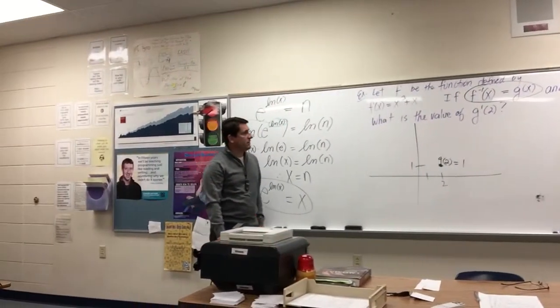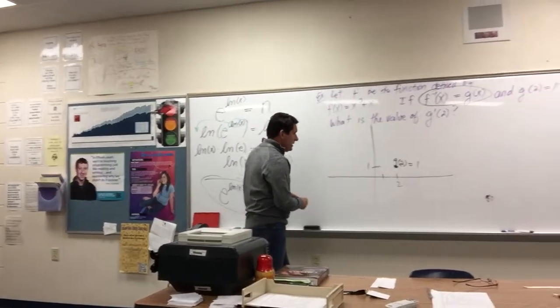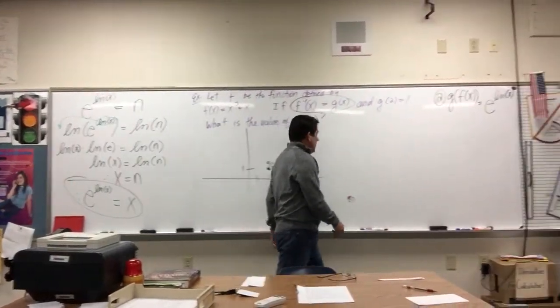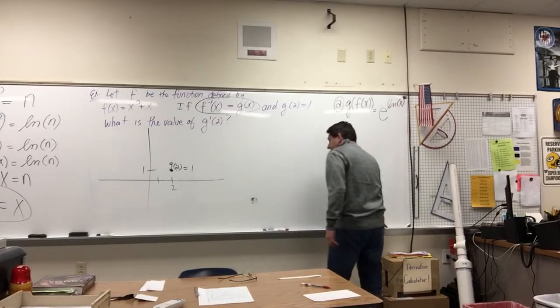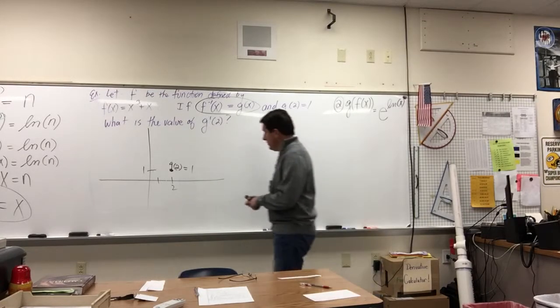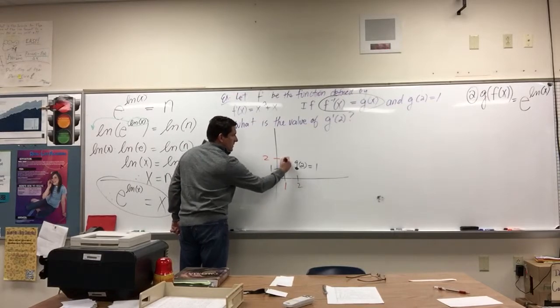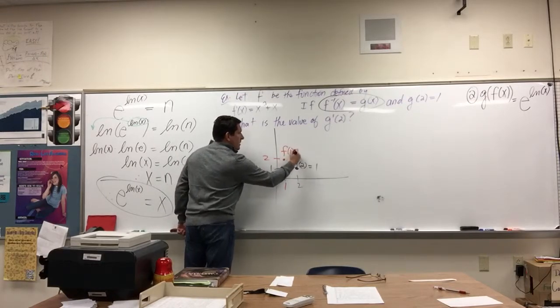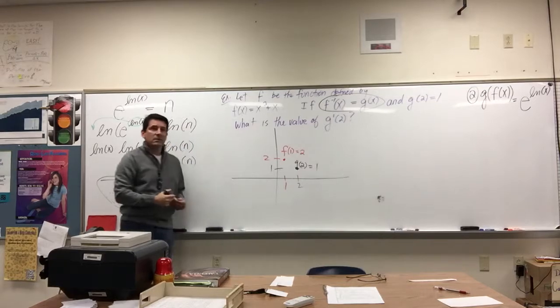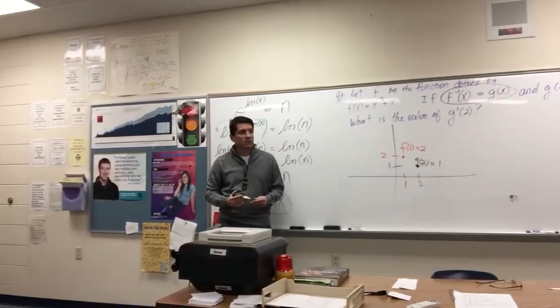So that means that f of 1 is equal to 2. So I know that. Here, f of 1 is equal to 2. So now I got my 2 points.